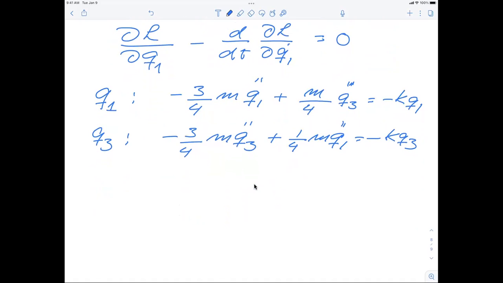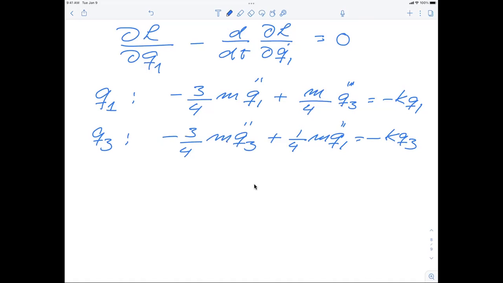So here comes the next element of repetition. If you were to make a guess now on the solutions Q1 and Q3, so these are harmonic oscillators, right? What kind of mathematical shape would the solution have if you don't have any damping? Yes, which we then can rewrite in terms of just an exponential with an imaginary argument, right?